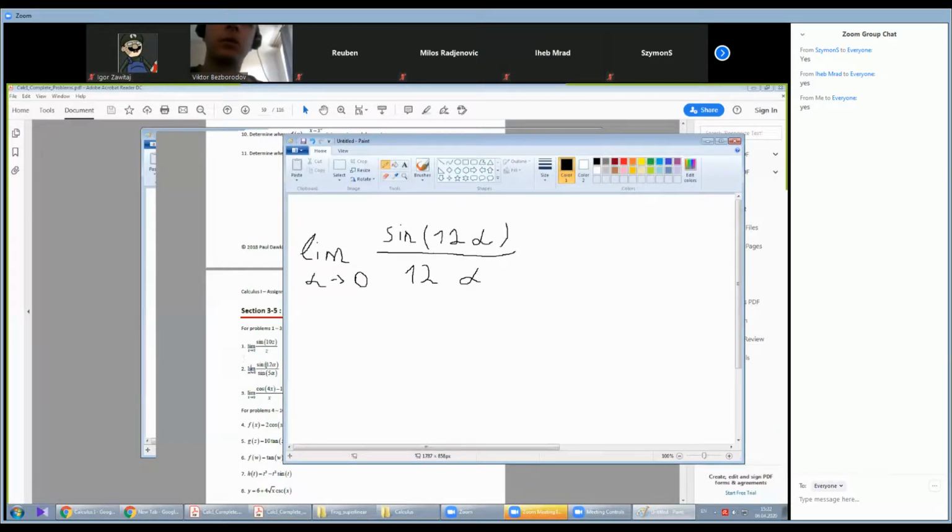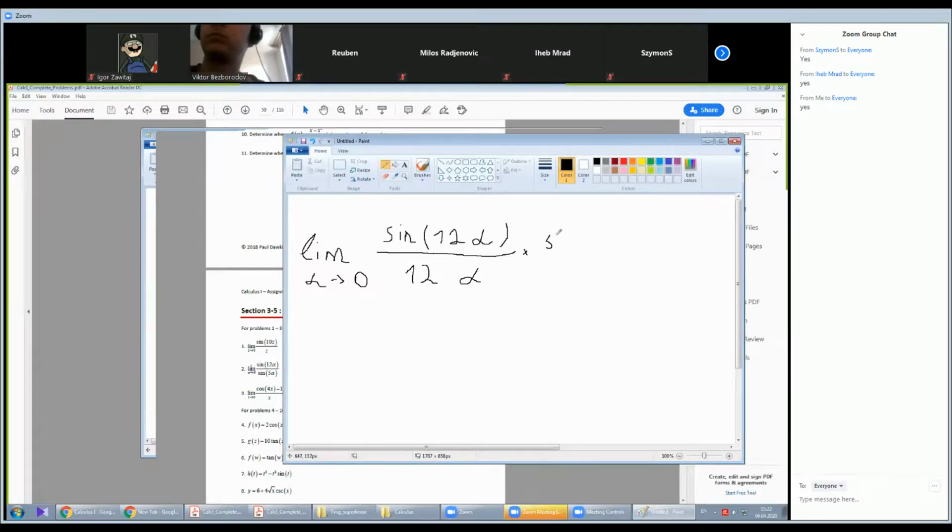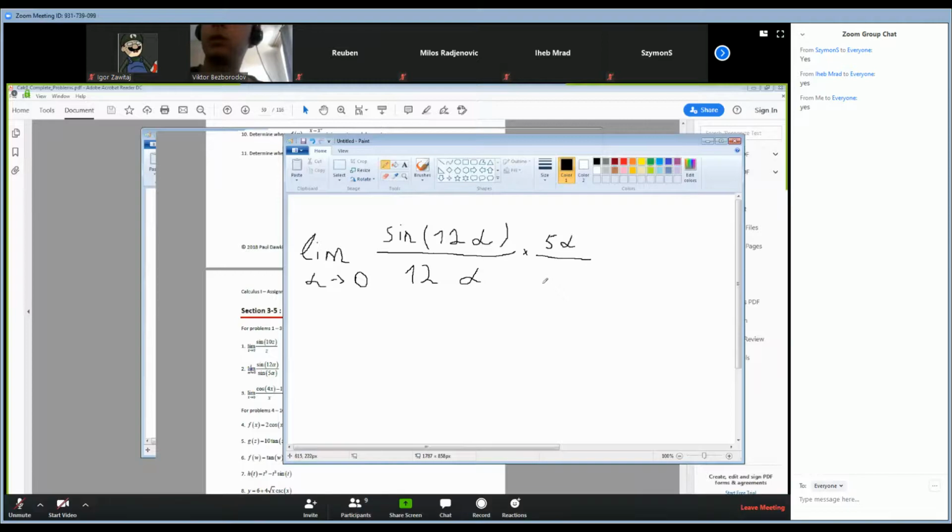Remember, this is our limit here. I first try it, and then we see what exactly is going on.